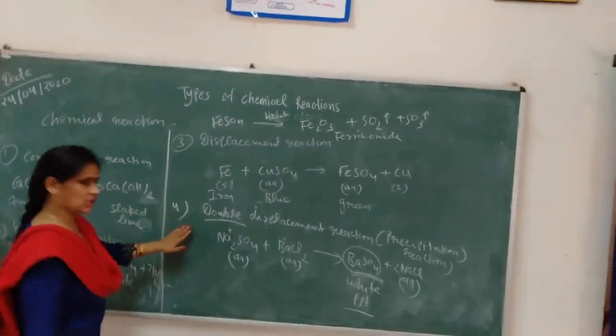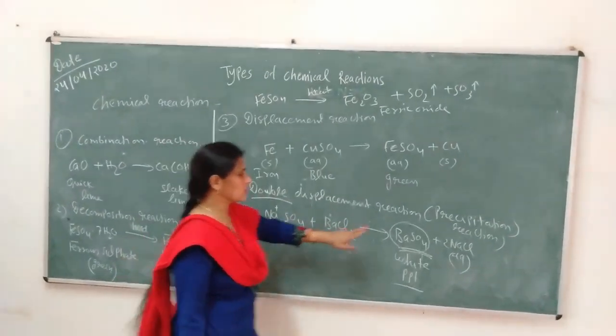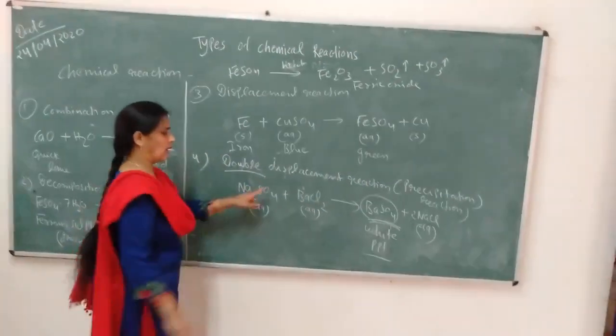Then the last type of reaction is double displacement reaction, also known as precipitation reaction. In this reaction, exchange of ions takes place.